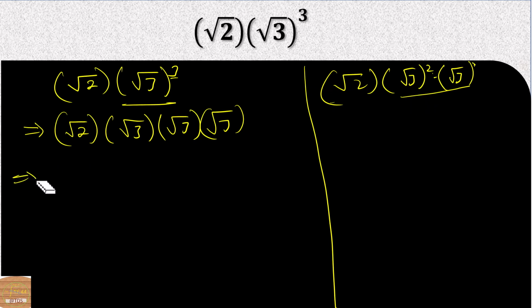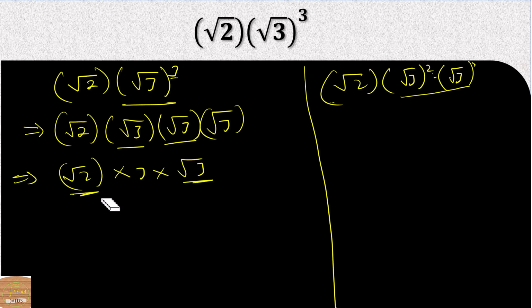Of course root 3 times root 3 will give us 3, so we have 2 times 3 times root 3, and this one will multiply this, so we have 3 times root 6, and 3 times root 6 is 3 root 6.